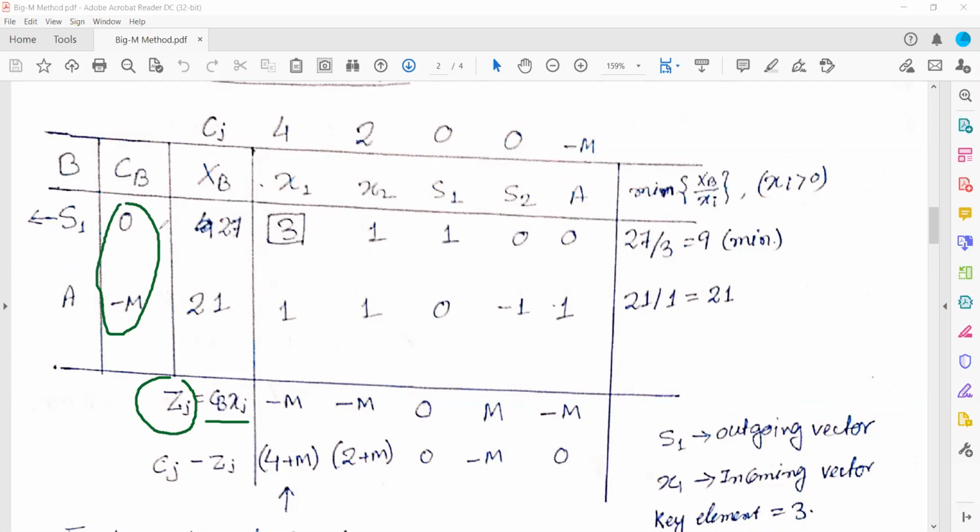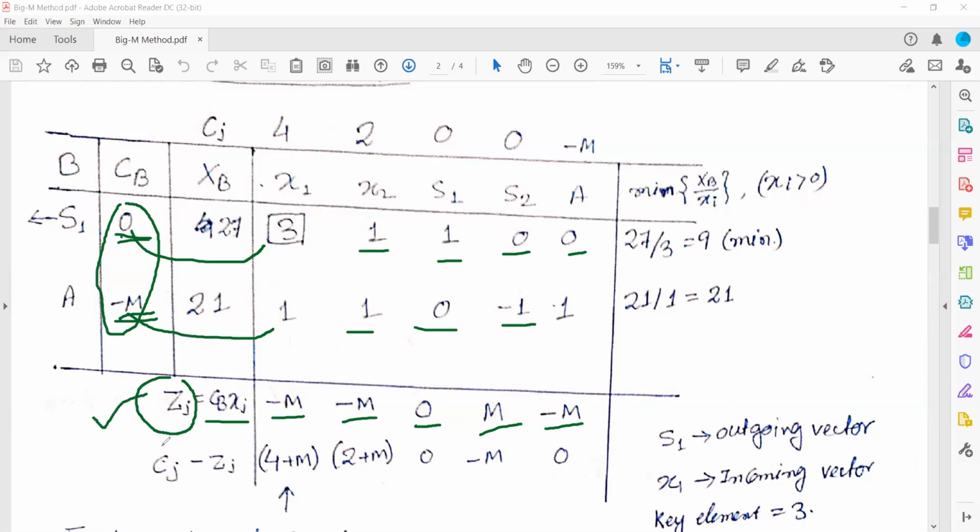Multiply: 0 into 3 is 0, minus M into 1 is minus M, so 0 minus M is minus M. Again 0 into 1 is 0, minus M into 1 is minus M, so minus M. Then 0 into 1 is 0 and minus M into 0 is 0, so 0. Then 0 into 0 is 0 and minus M into minus 1 is plus M, so plus M. Then 0 into 0 is 0 and minus M into 1 is minus M. So you got Zj.